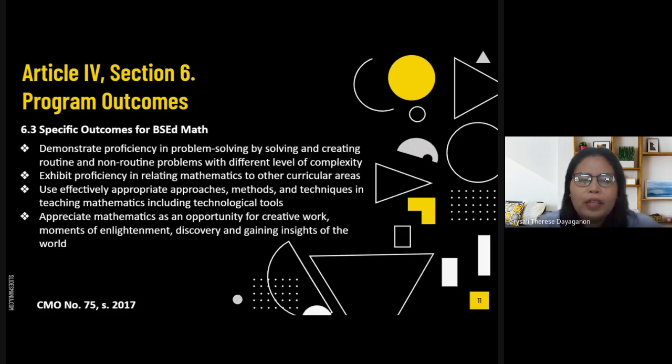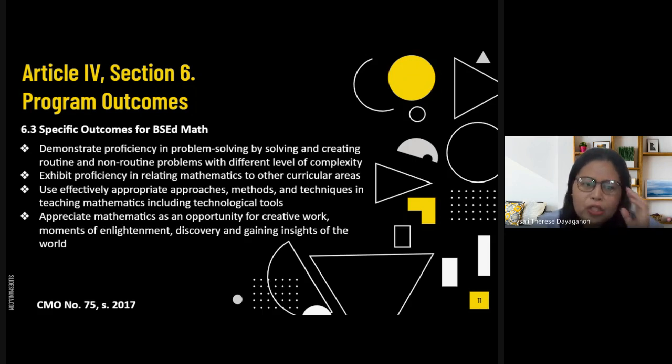Now, this is one of the very essential skills a future teacher should have, since you have to find solutions, whether it's routine or non-routine problems, considering the different levels of complexity.